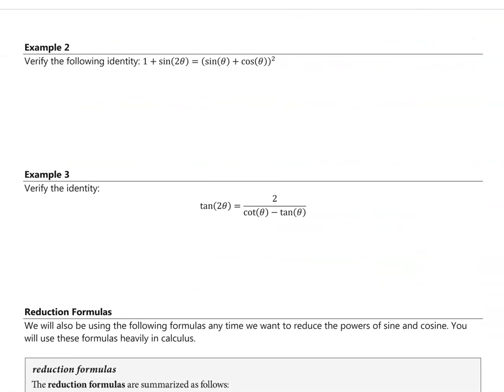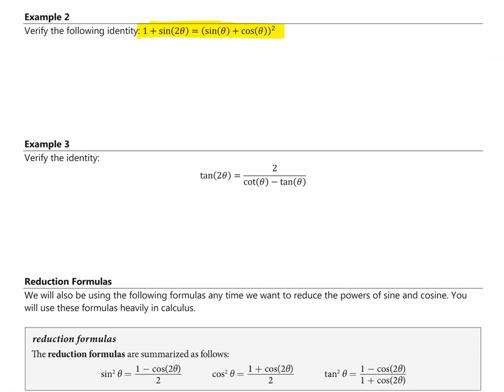Next, example number 2. Verify the following identity. 1 plus sine 2 theta is equal to sine theta plus cosine theta quantity squared.